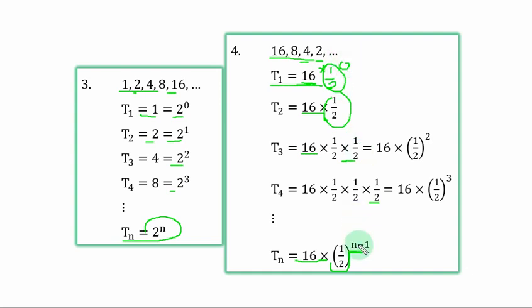So if you have n minus 1, when n is equal to 1, 1 minus 1 is 0. So for this sequence, the first term is obtained when n is equal to 1. When n is 2, here becomes 2 minus 1, that is 1. So you have 16 times 1 over 2 and so on.